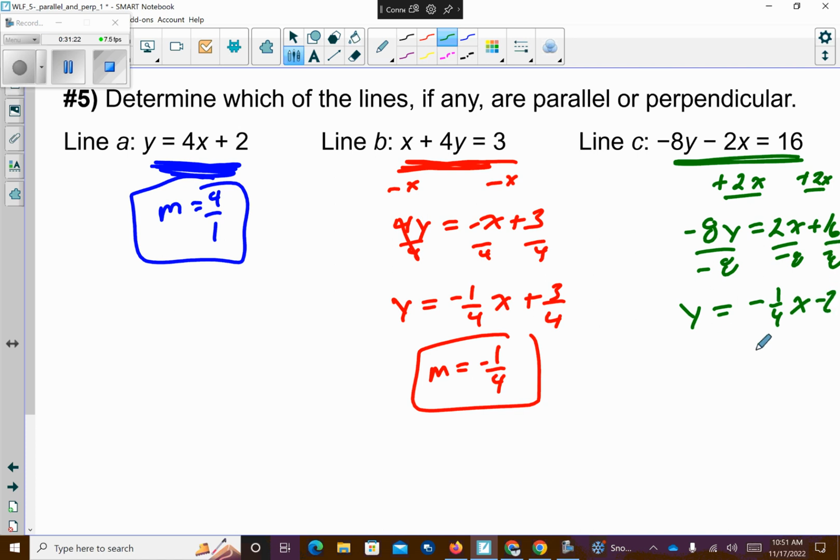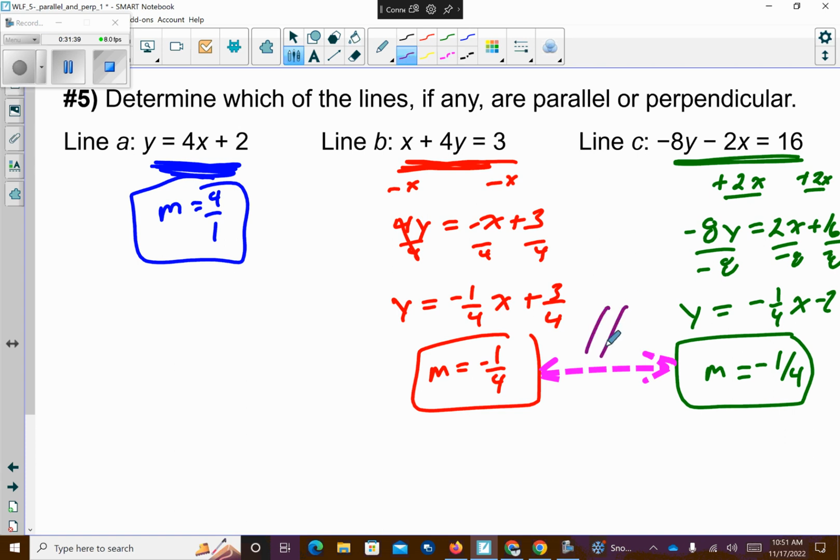Hey, what's the slope of the green? Yeah, so these happen to be the same, so they are parallel. Is that okay?